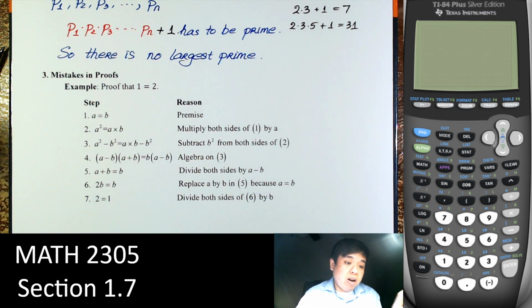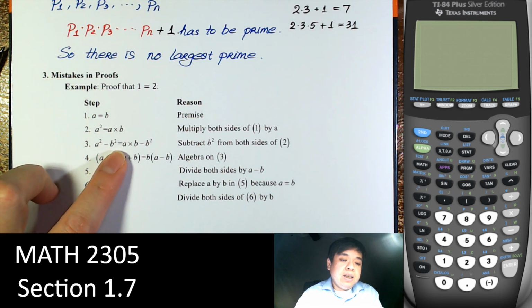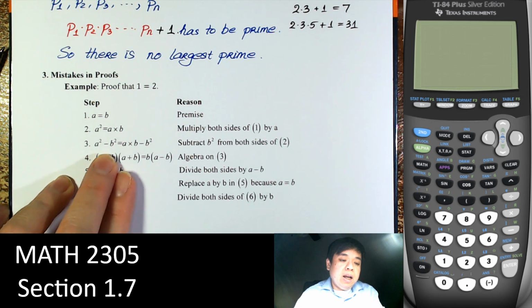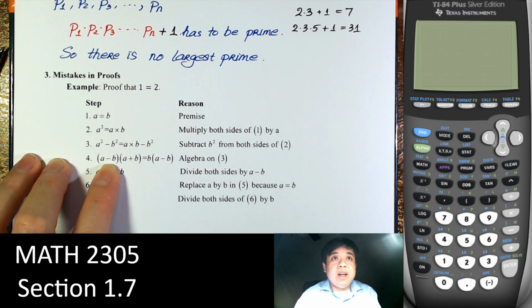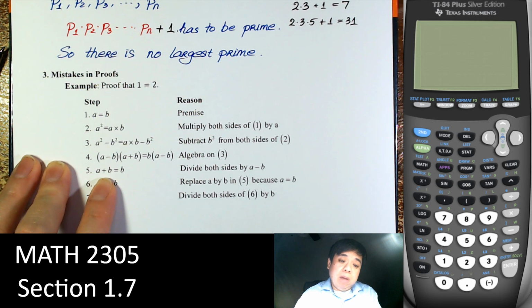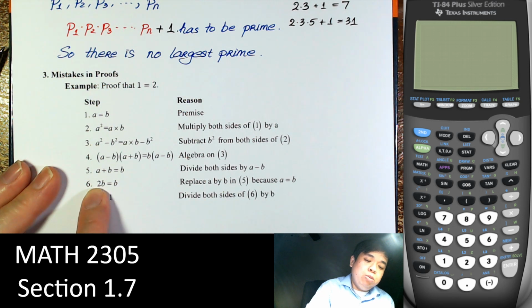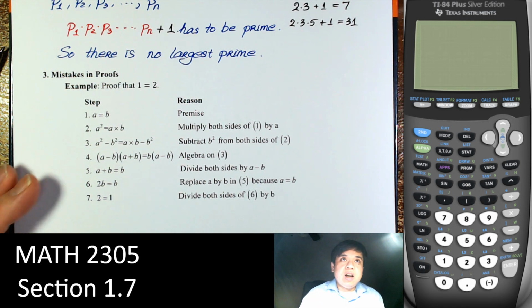That's fine. And then subtract B squared on both sides. That's fine. Factor, that's okay there. And divide. If you divide by A minus B on both sides, we have that. And then because A equals B, 2B equals B, dividing by B on both sides.